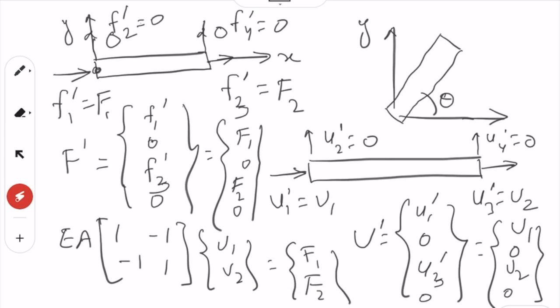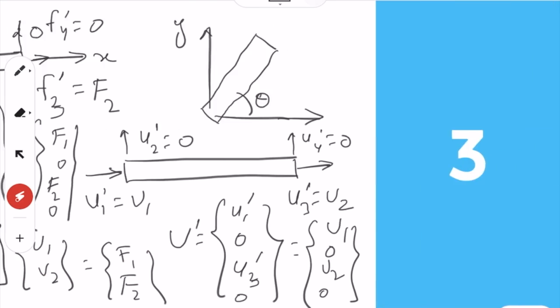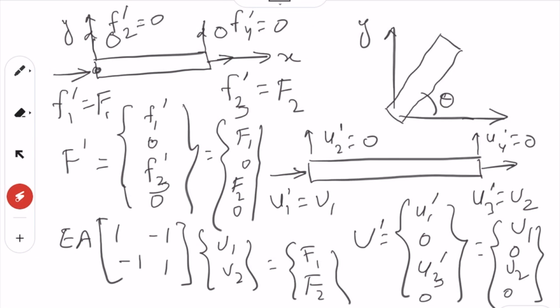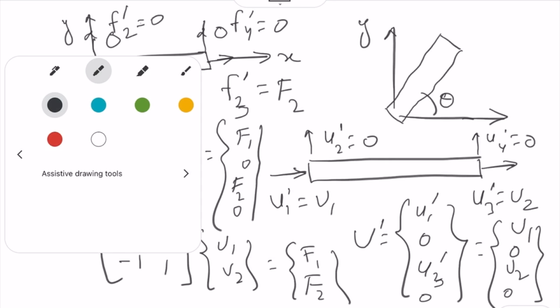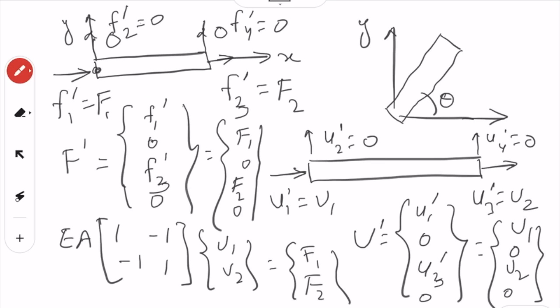We can write the same equation in a 4 degree of freedom system, assuming x is aligned with the axis.